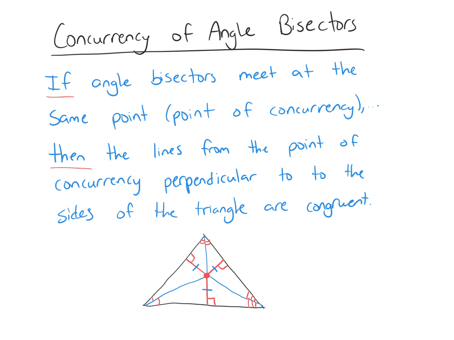They're kind of just opposites of each other, just like they were in lesson 5.1. So what this says is if these angle bisectors are meeting at that concurrent point, if this perpendicular line is 5, what is this one? Also 5. What's this one? Also 5. Okay, good.